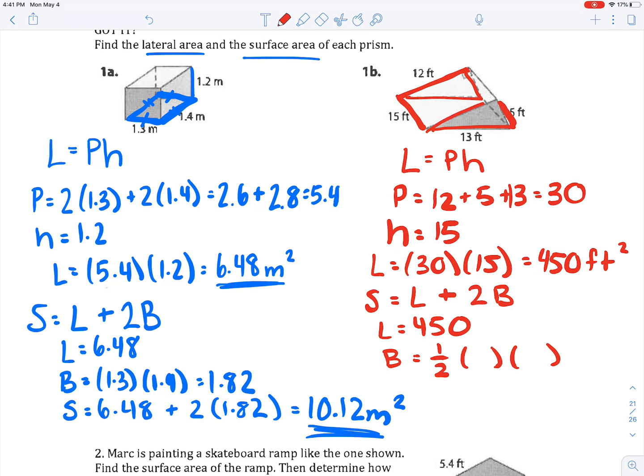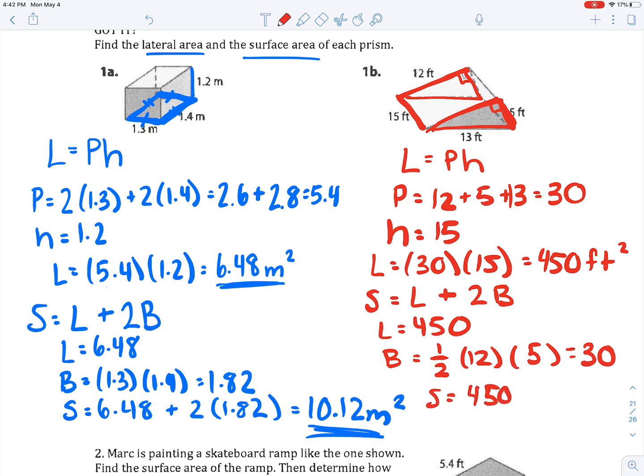Remember, your base and your height always make your right angle. My right angle is here, so that would be 5 and 12. So 5 times 12 times a half, and now plug into your surface area formula.